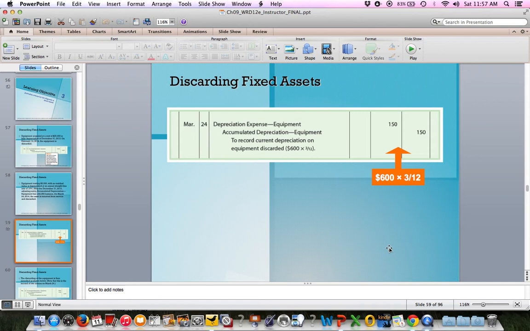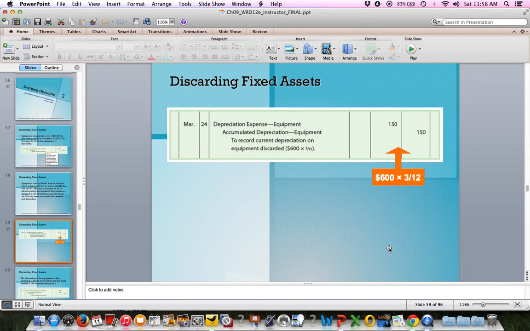What we have to do, first of all, before we discard it, is catch depreciation up to the date of disposal. I do that by saying depreciation is $600 a year. Between January 1 and the end of March, when I dispose of it, I have to make an entry to catch up depreciation, get it current. I record depreciation expense by debiting it, and I credit accumulated depreciation.